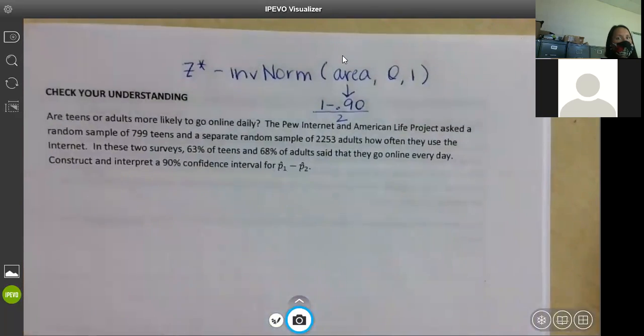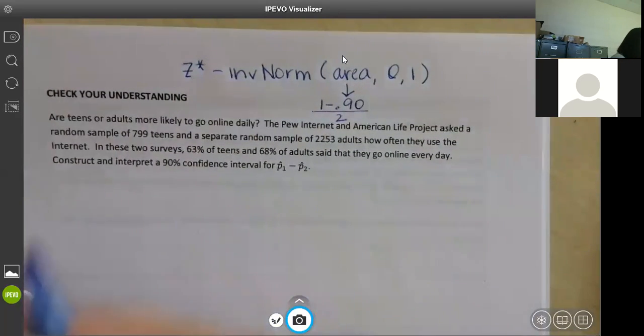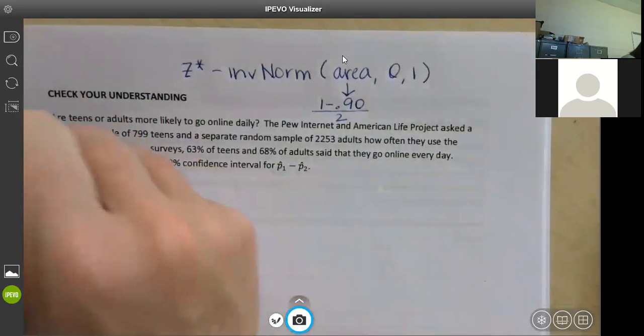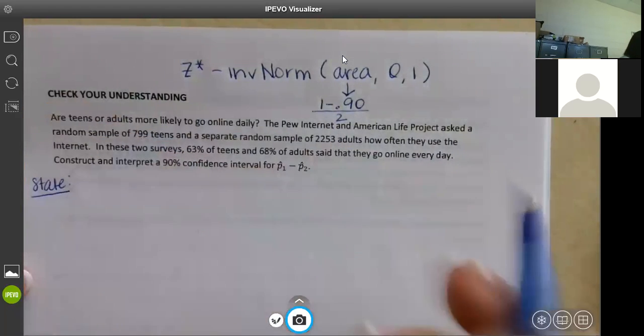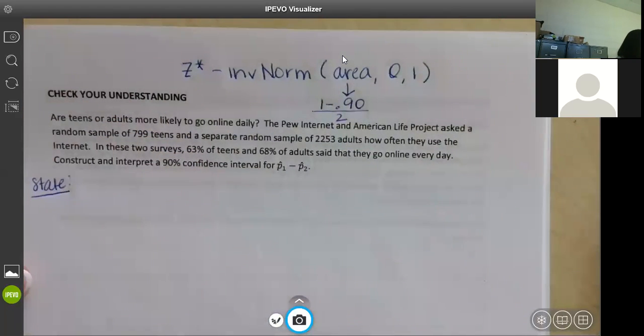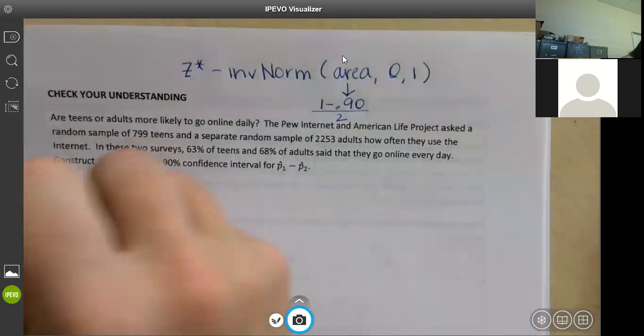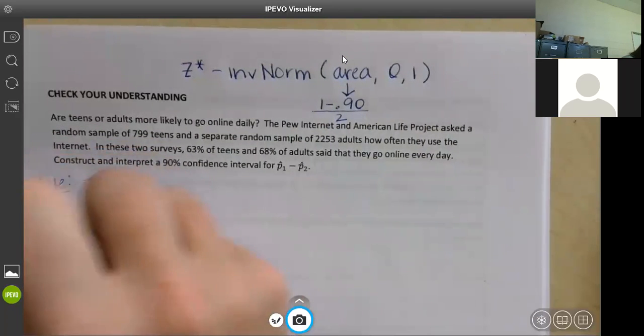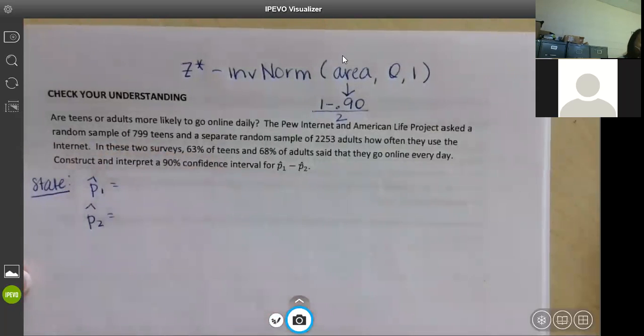All right, so a P1 minus P2, or p hat 1 minus p hat 2. You're going to state all of your values and what they are. Whatever p hat 1 is and whatever p hat 2 is, we're going to tell what that is.